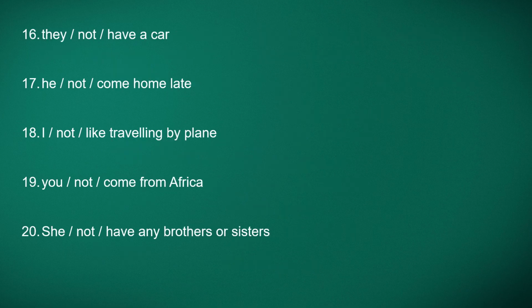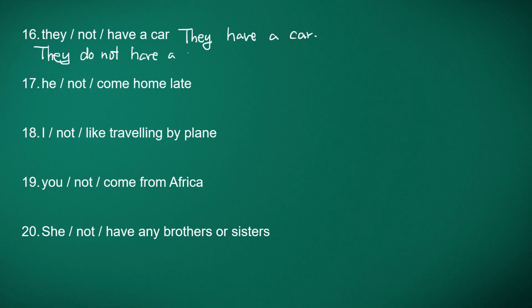And number 16. So let's go back to the previous format. They not have a car. So the affirmative is they have a car. But negative will be they don't. They do not have a car.